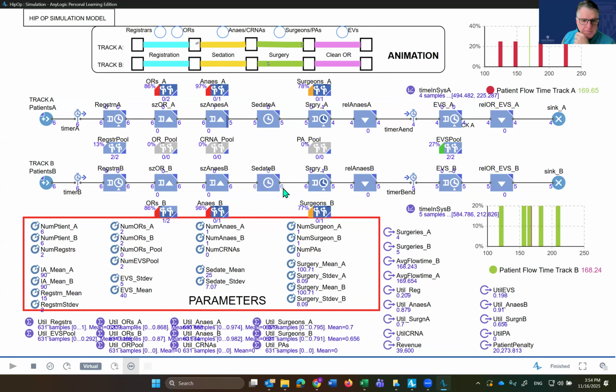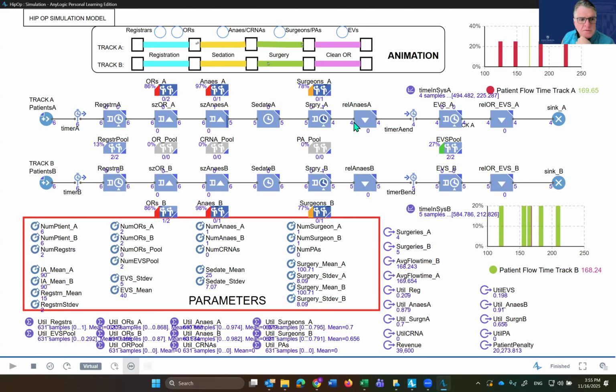One thing to notice that I changed since the last clip is I decided to draw from these folks. The ORs are drawn from the OR pool before the dedicated ORs. That's not true for the anesthesiologists and the surgeons.